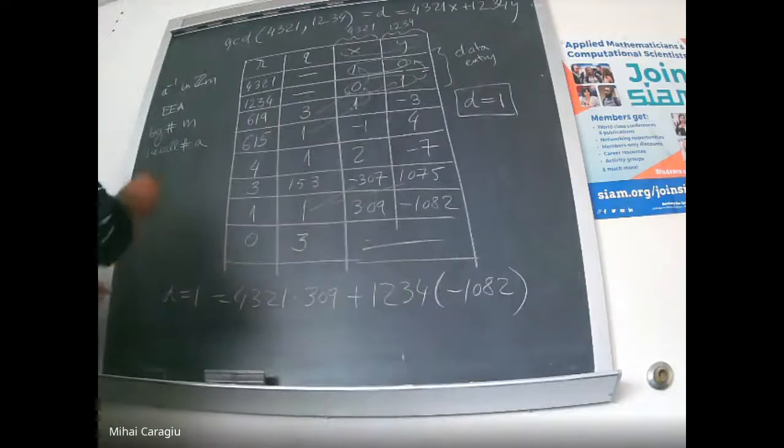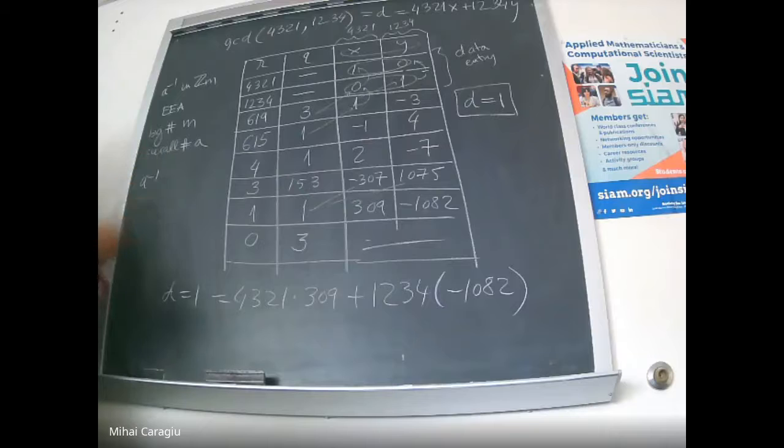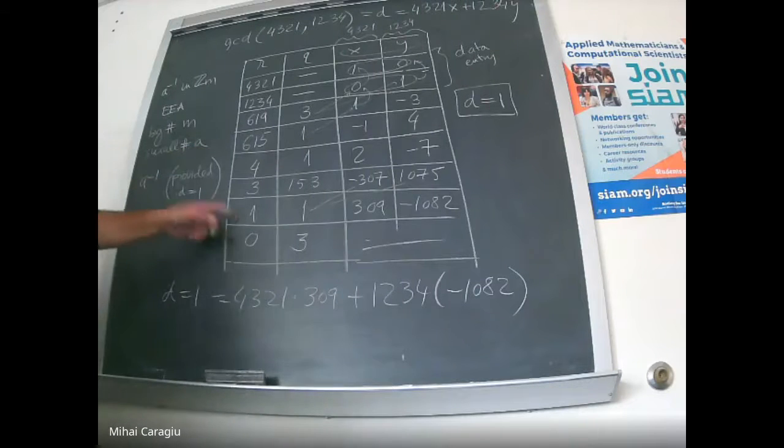The inverse of A exists provided D equals 1. If we get a greatest common divisor greater than 1, we declare A not invertible.